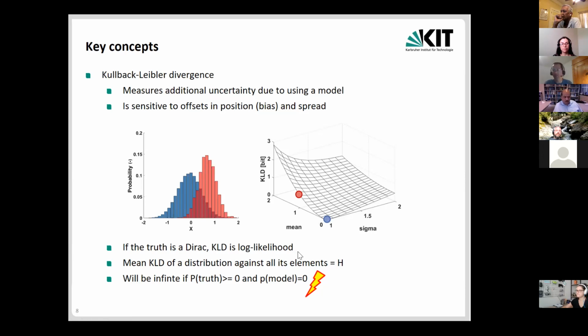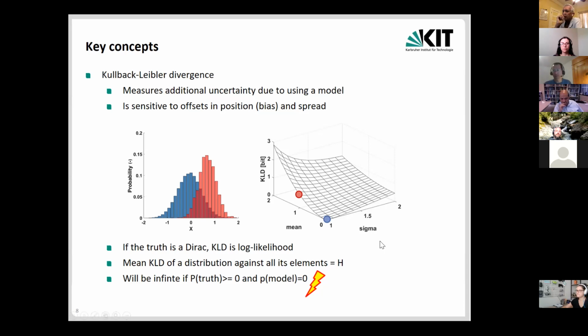This will be the same value as entropy. So entropy can be interpreted as if you use the data distribution as a model and you want to guess the individual values, that's your model-derived uncertainty, which is also, I think, a nice interpretation if you look at the data that make up your distribution.